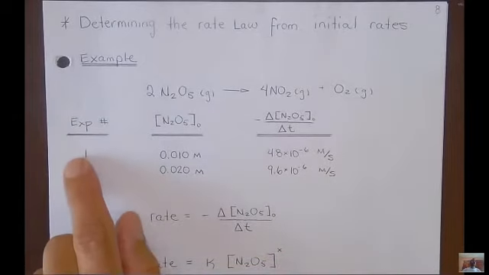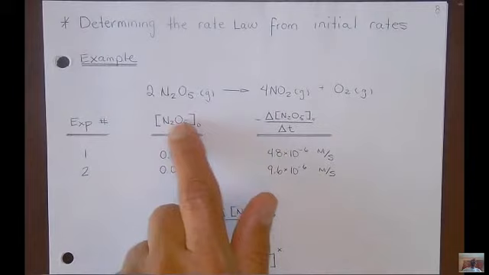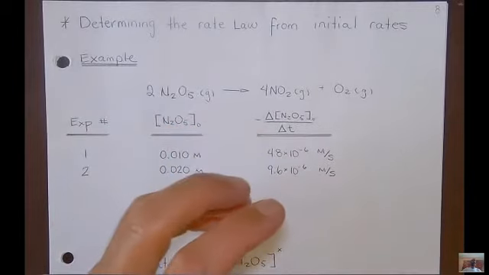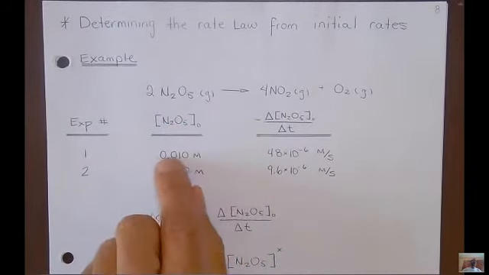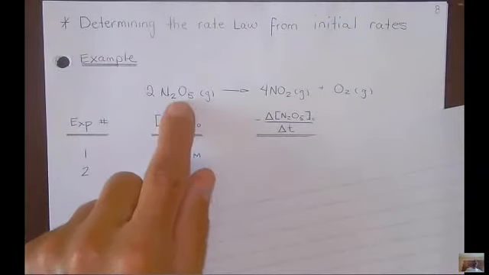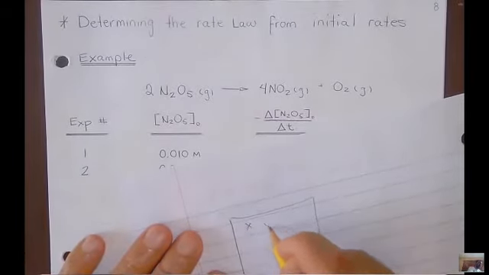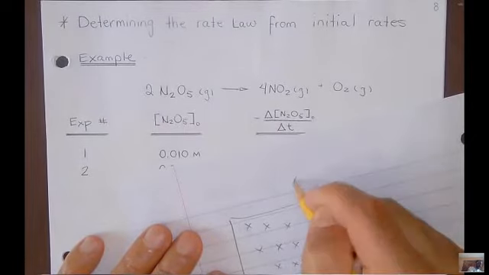In the first experiment, I start out with the initial concentration of dinitrogen pentoxide in the reaction chamber as 0.010 molarity. Excuse me, molarity, okay? So if I wanted to think about this, since this is a gas phase, I could think about it as having a 1 liter vessel. And in my 1 liter vessel, here's my reactants, the N2O5s.